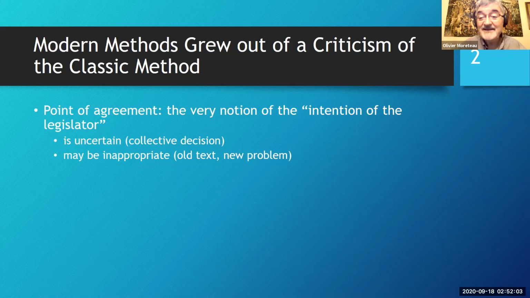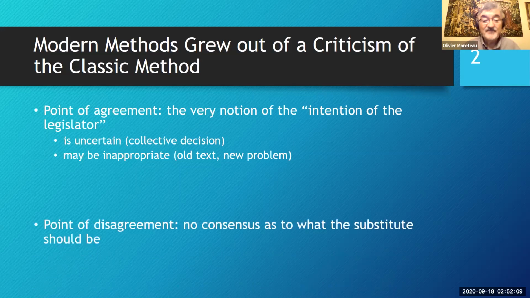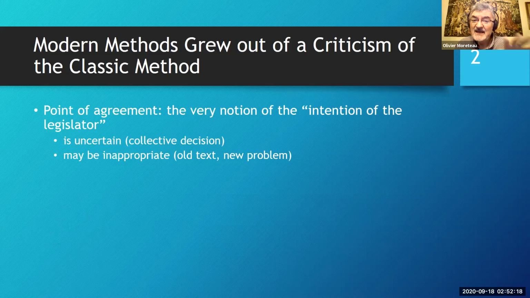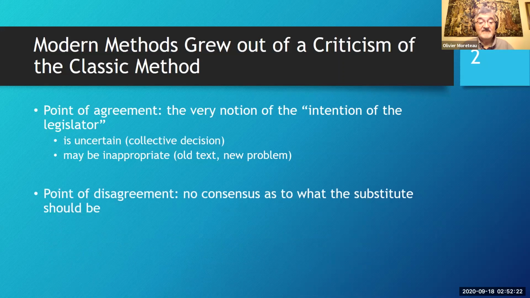They had no idea about the technology that is part of our daily life nowadays. So that's the point of agreement, if you will, among the scholars. They say, well, when you have these very old texts, especially, it's quite artificial to second guess the legislative intent.